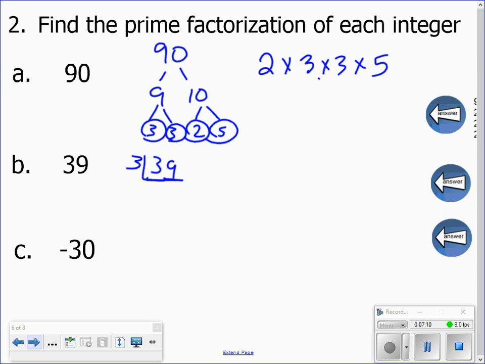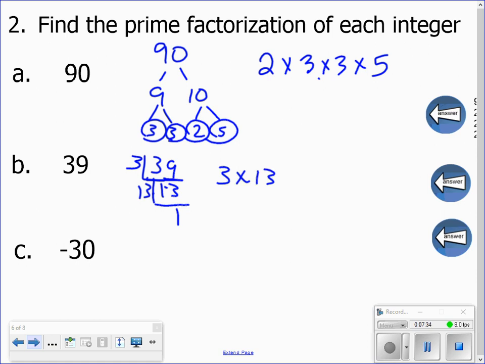So I know 3 goes into 39. 3 times 13 gives us 39. So whatever we're dividing 39 by, the number on the outside, we write it here. And 13 is the only factor of 13. And so we have our factors of 39 as being 3 times 13.